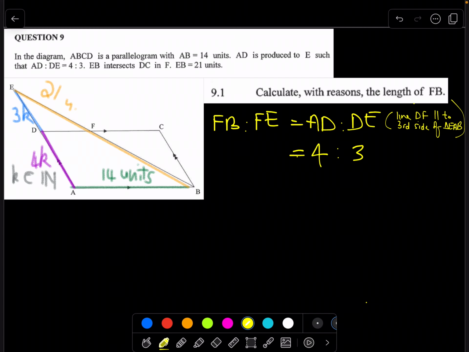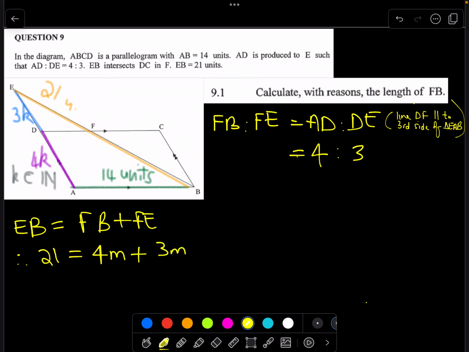It's refusing to stick. Anyway, now we know that EB is equal to FB plus FE, and therefore 21 is equal to 4m plus 3m, where m is some natural number.